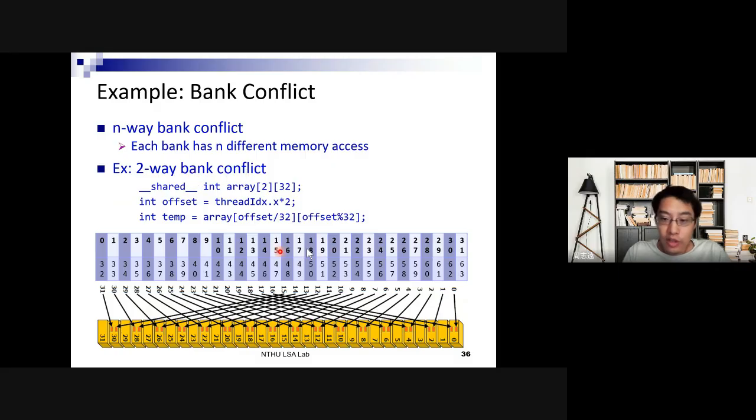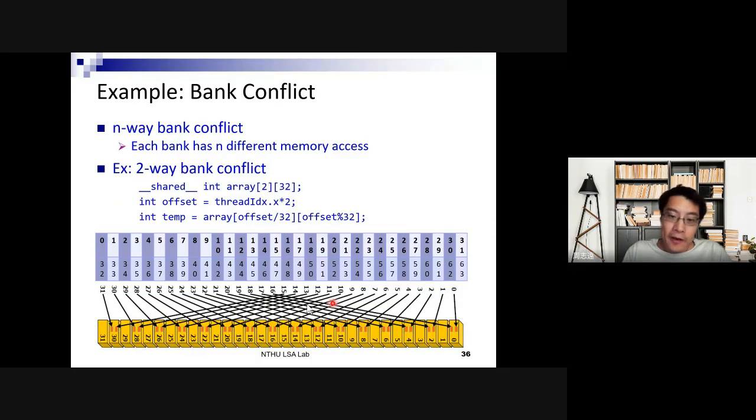If you have 32 threads accessing a bank at a time, then it's called a 32-way bank conflict. And of course, the larger the number, the worse the performance, because it will serialize all the requests on that bank. So this is an example that will create a two-way bank conflict.